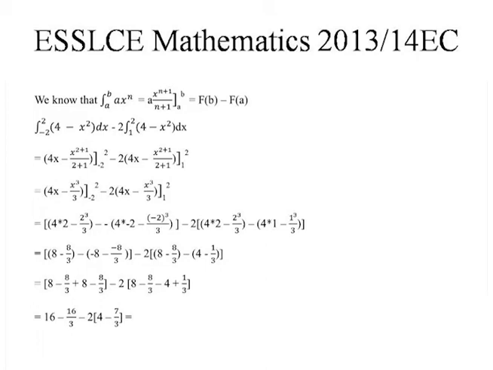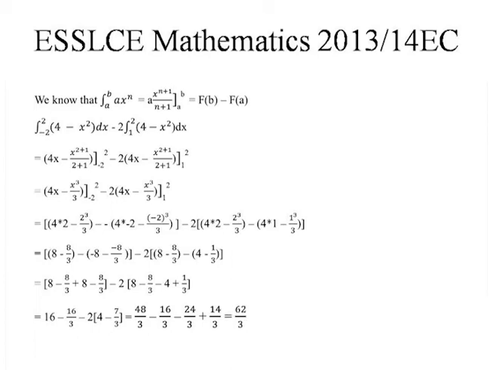Thus 16 is equal to 48 over 3, minus 16 over 3 as it is, minus 2 times 8 minus 4 is 8, 8 minus 8 over 3 is 24 over 3. Negative 2 times negative 7 over 3 is positive 14 over 3. 48 over 3 plus 14 over 3 is equal to 62 over 3.